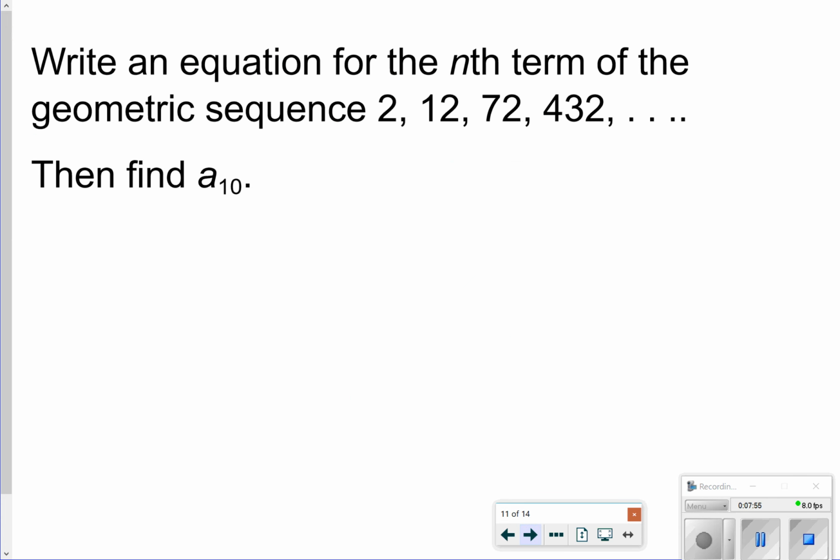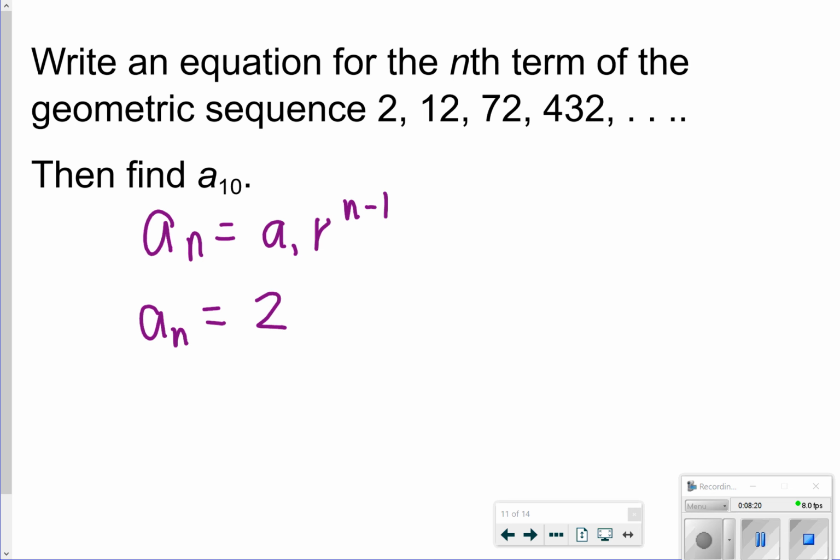Alright, so it says write an equation for the nth term of the geometric sequence 2, 12, 72, and then 432. So what I'm going to do here is I'm first just going to write down my geometric sequence formula: AN is equal to A1 times R to the n minus 1, and then plug in my terms. For the nth term, I'll just say AN. A1 would be that first number, and that first number is 2.